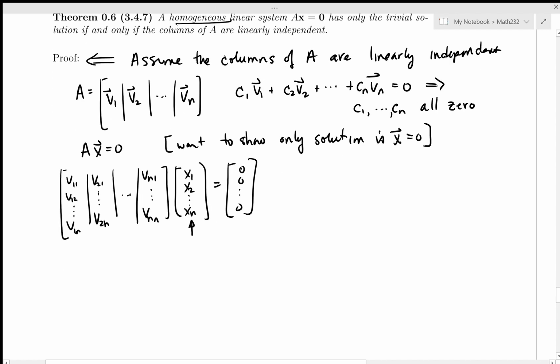Let's go ahead and do that. What does that look like? I'm multiplying a matrix times a vector, as always, the first row into the first column, and I get this.